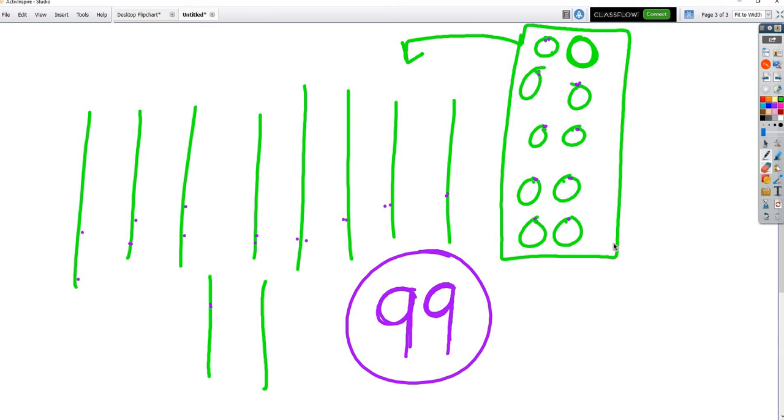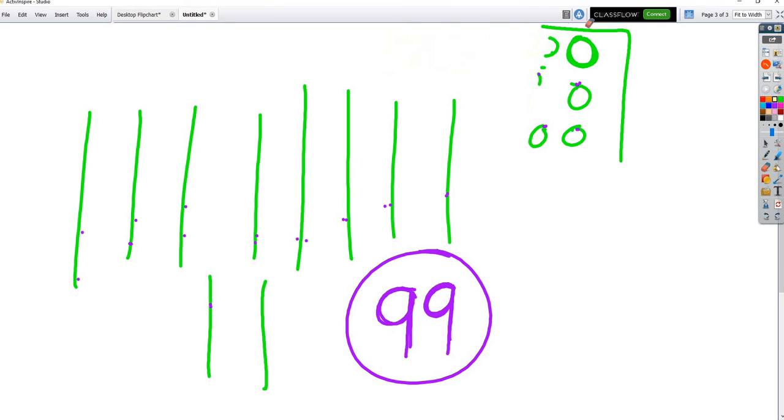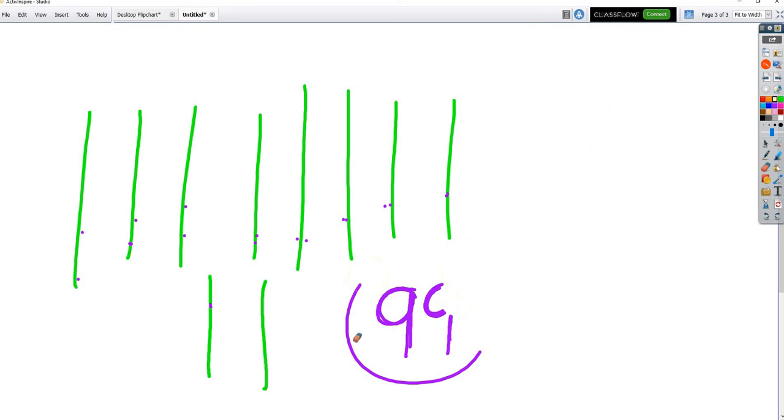So now I don't have 9 tens anymore, do I? No, I don't have 9 tens anymore. Or 9 ones. How many tens do I have? 1, 2, 3, 4, 5, 6, 7, 8, 9, 10. There's 10. Didn't I tell you when I have 10, I have to make something else? Do you know what happens when I stick 10 tens together?